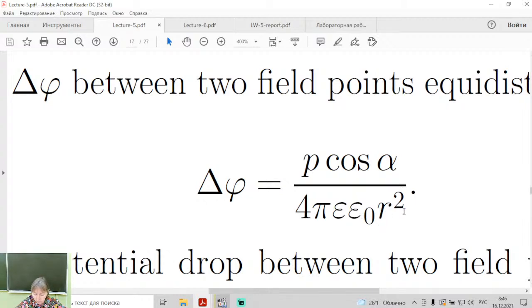In other words, the potential drop between two field points equidistant from the current dipole in an electroconductive homogeneous medium is proportional to the projection of the dipole moment onto the straight line which connects these points.